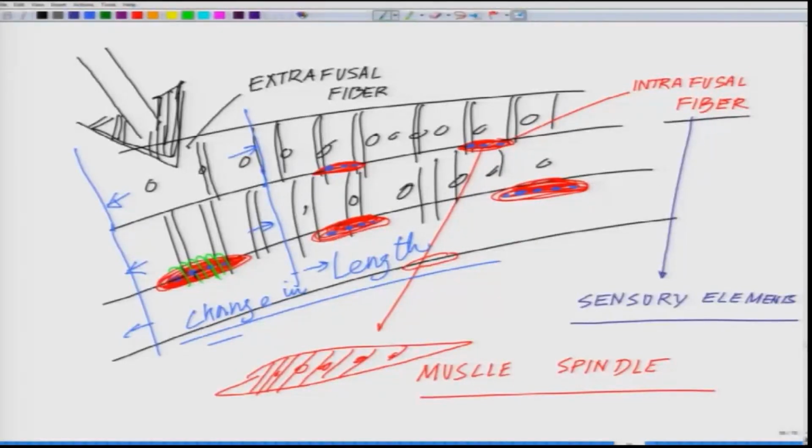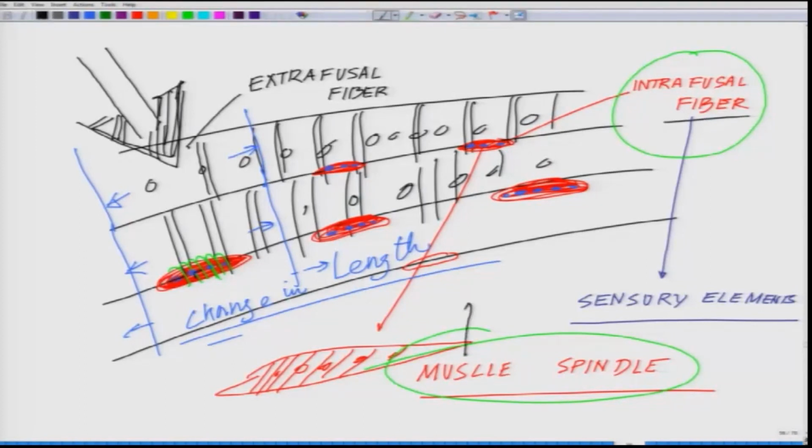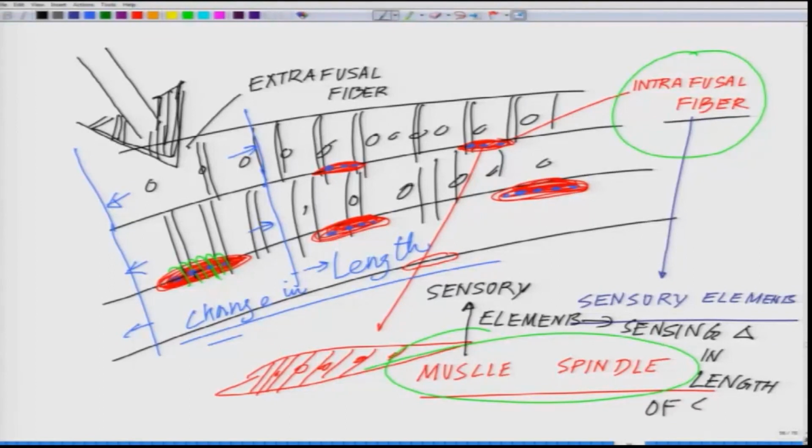So, let's again rehash. Here you have the intrafusal fiber in the form of muscle spindle, that is the terminology used, which are the sensory elements sensing change in length of skeletal muscle.